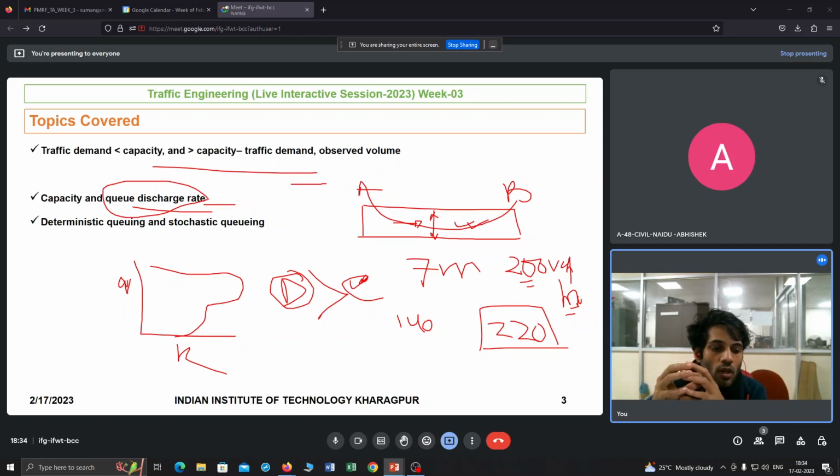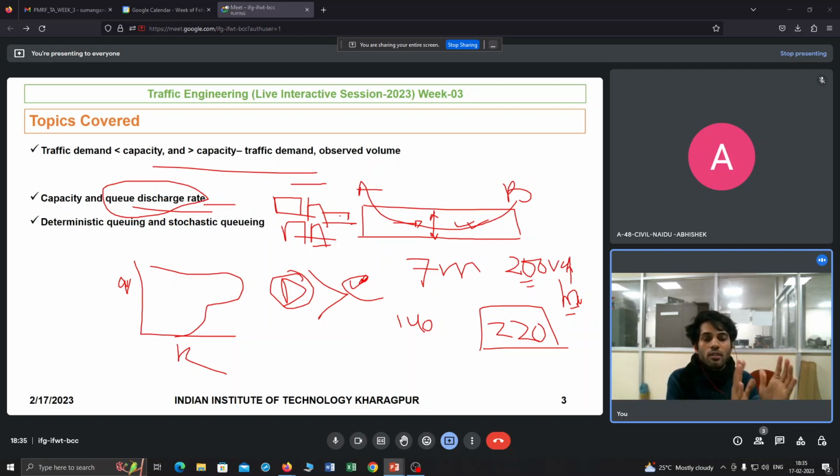And now suppose after your peak hour is gone, the flow is also reducing to the capacity, then the undersaturated situation. So as your demand is reducing to capacity or less, whatever vehicles are queued up will try to discharge, right? From the head of the queue, it will discharge one by one, one by one, in the backward direction, right?